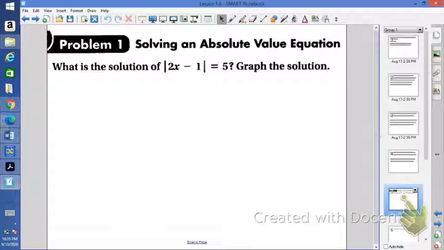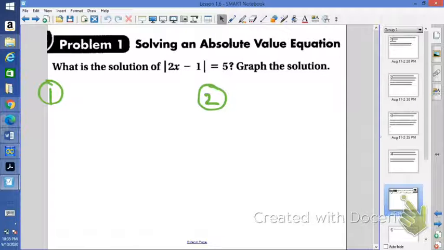Alright, let's do an example. What's the solution to this absolute value equation? We will graph it too, it's not that hard. The first thing to solve these is to isolate the absolute value, and it is here already, alone by itself on one side of the equal sign. Now write your two equations.